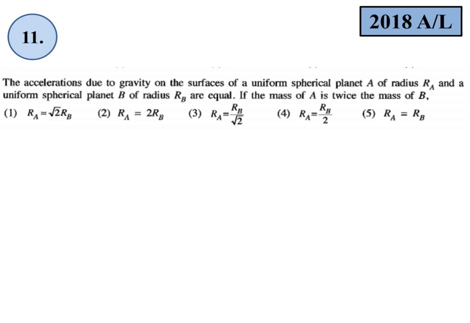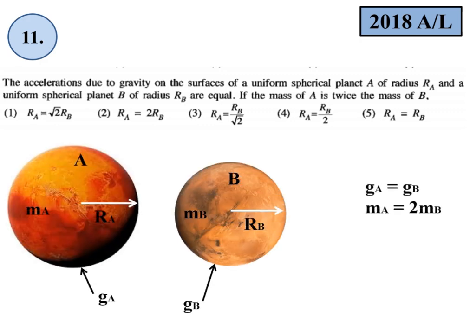Let me point out the data in another way. Capital A planet has mass MA and radius RA, and capital B planet has mass MB and radius RB.